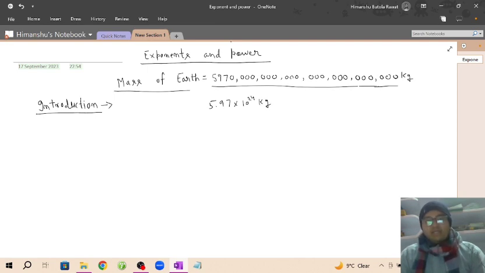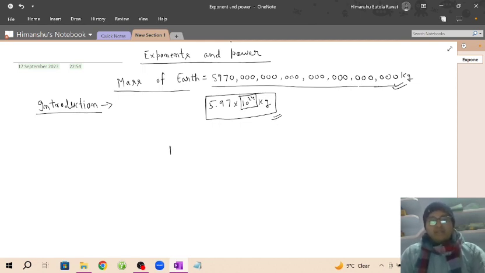Now we can write this number as 5.97 into 10 raised to the power 24, and this is very easy to write again and again, but the long number is the inconvenient way to write it again and again. So basically, in exponents and power, we will study this number, 10 raised to the power 24.